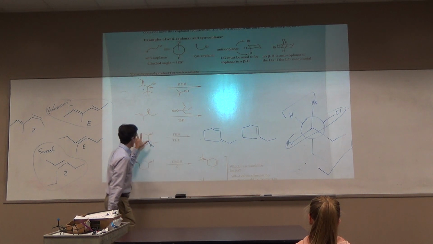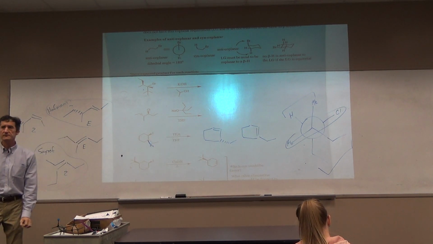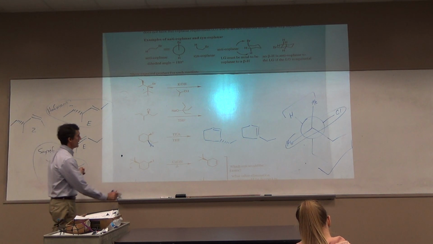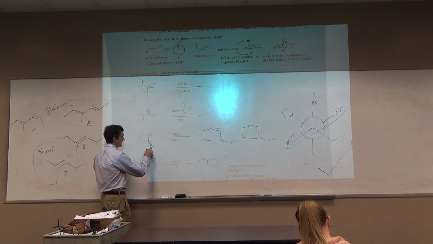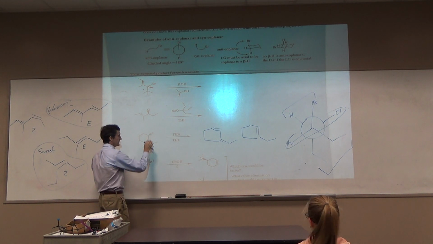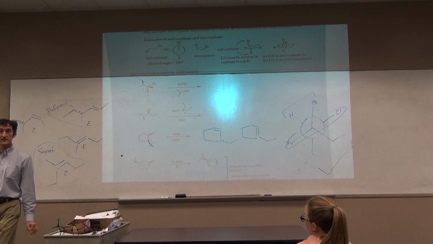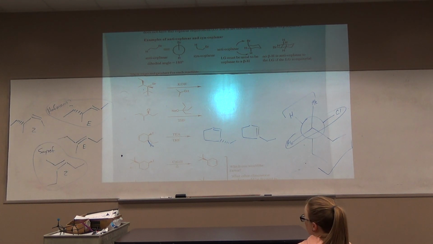Zaitsev product. Will this reaction give the Zaitsev product? The answer is no, because the HA is not going to be trans-coplanar to the leaving group. First off, it's not even trans, it's cis.